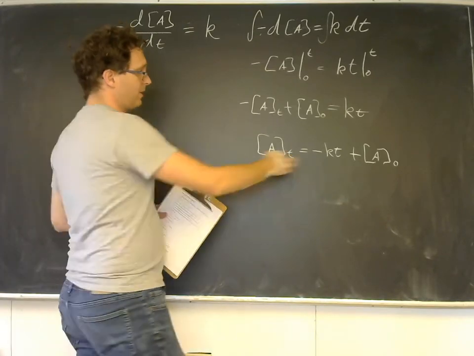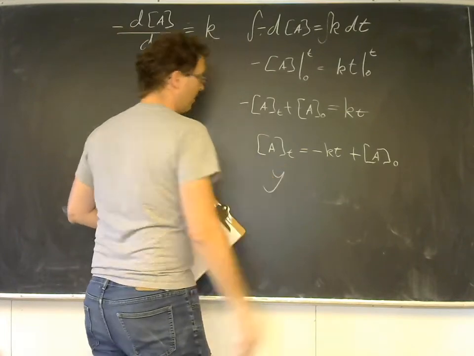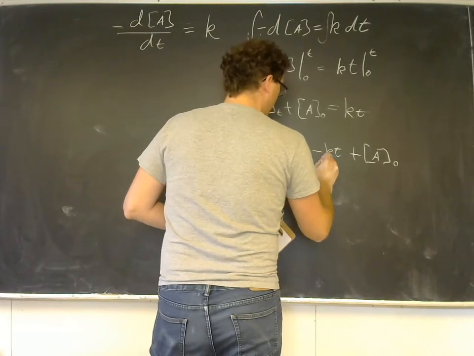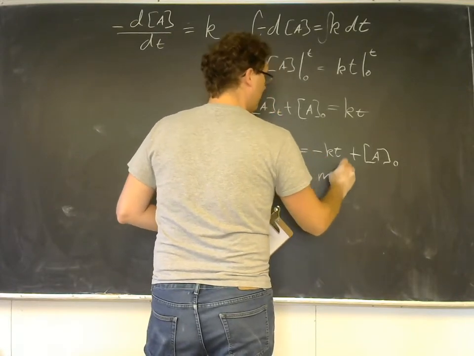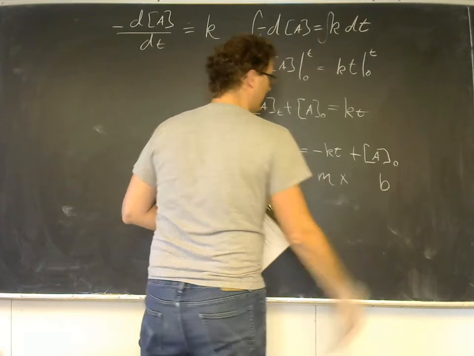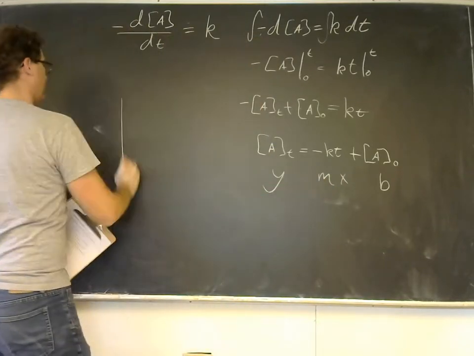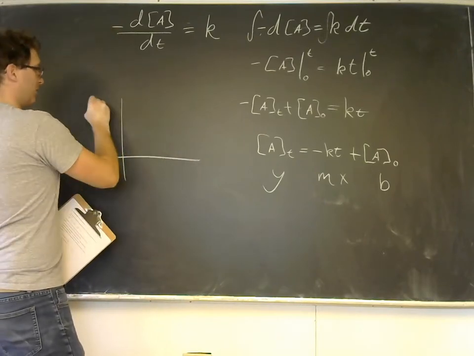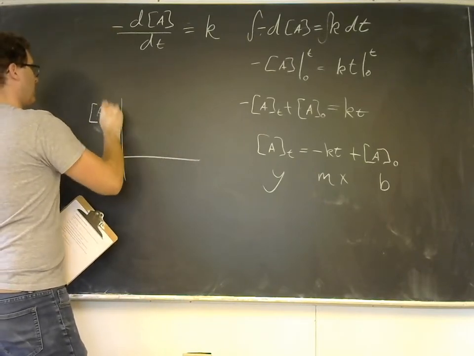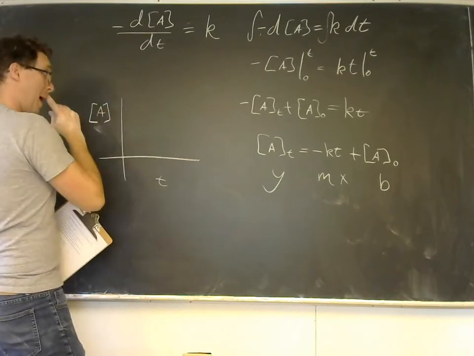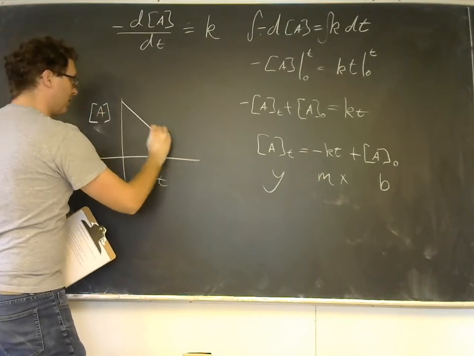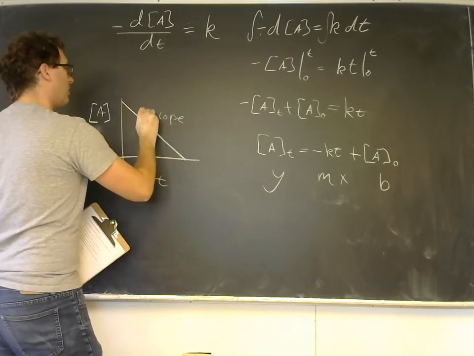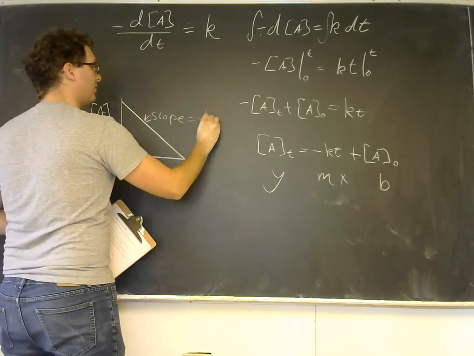If you look at this, it's quite clear that we can just let the concentration of A equal y, negative K is equal to m, t is equal to x, and A naught is equal to b. So here if you have a graph of the concentration of A versus time, then it's going to look like this, and the slope is equal to negative K.